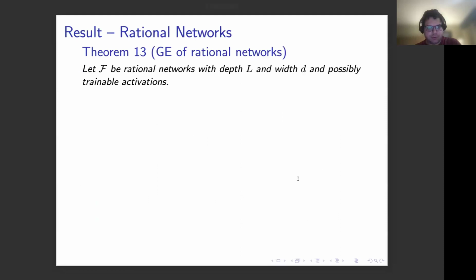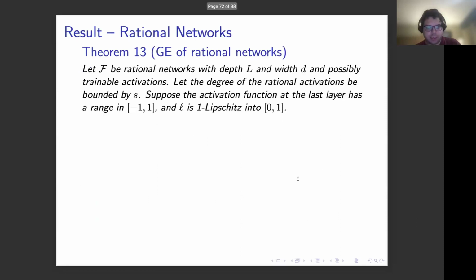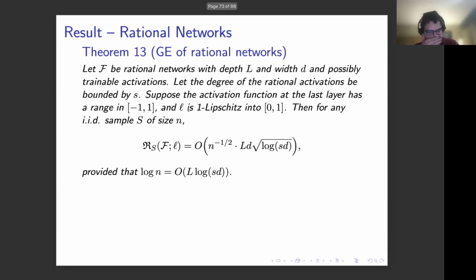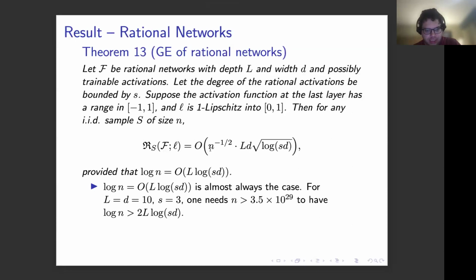Okay, so just real quickly, this is what we get. For rational networks, we have a depth L, width D, fully connected rational network, possibly trainable activations, with numerator and denominator degrees at most S. The loss function is 1-Lipschitz. Then this is the bound one obtains for Rademacher complexity.